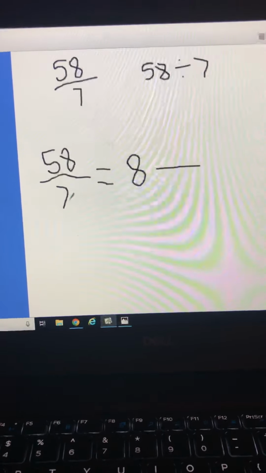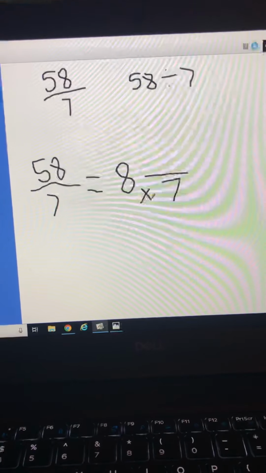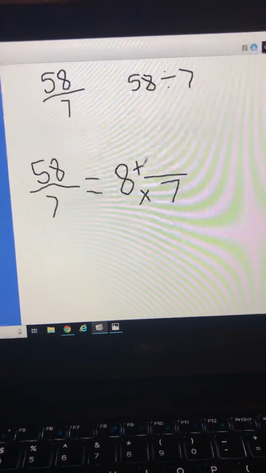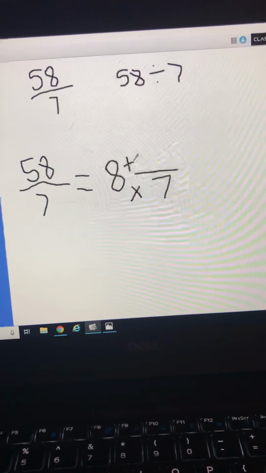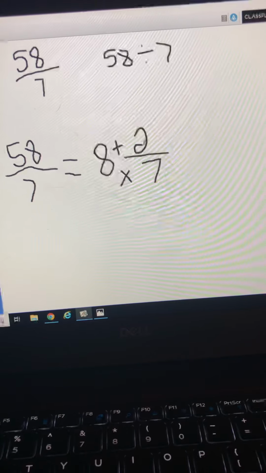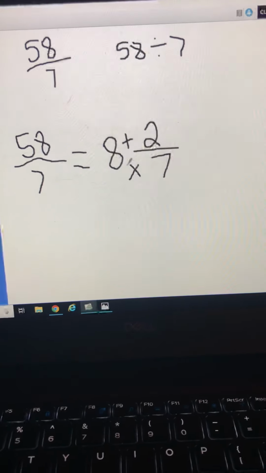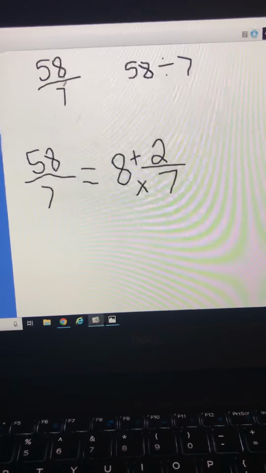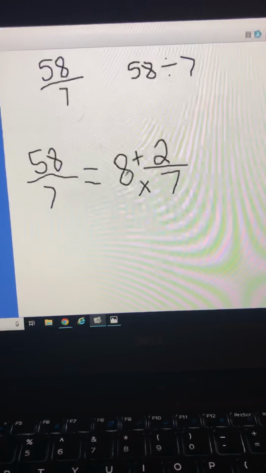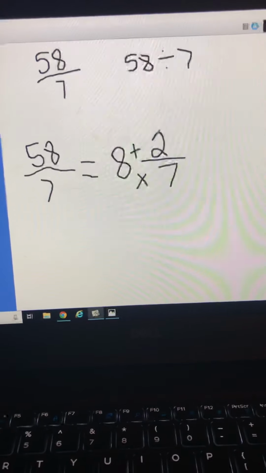Now to figure out the missing part, I have to multiply 8 times 7, which is 56, plus something. 56 plus blank will give me 58. 2 is correct. So therefore, I have 58 divided by 7 is equivalent or equal to 8 and 2 divided by 7.